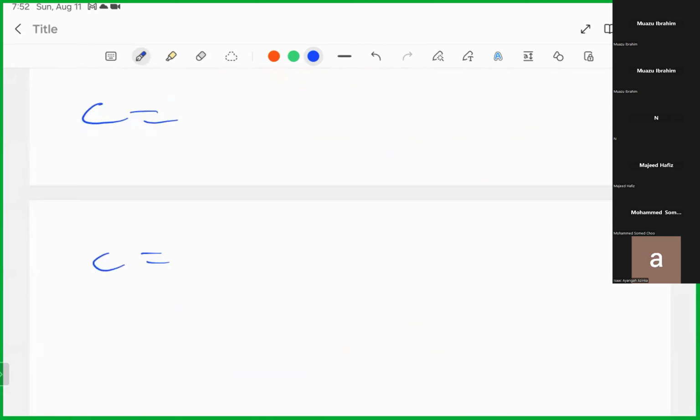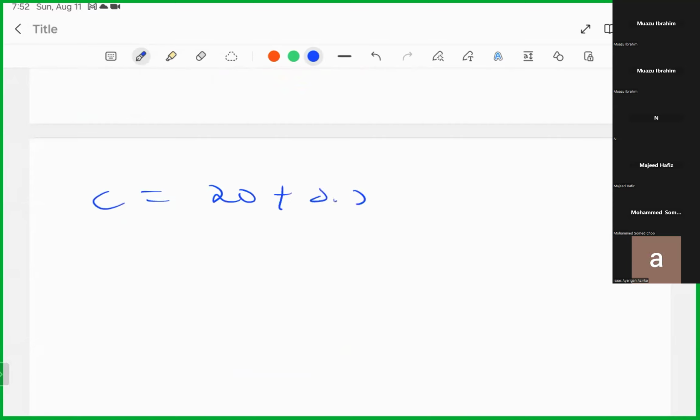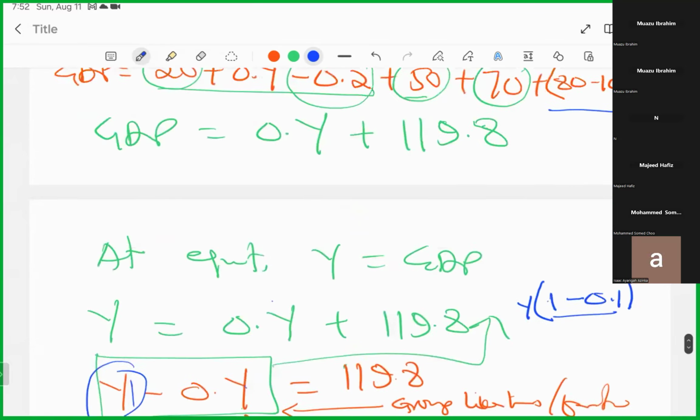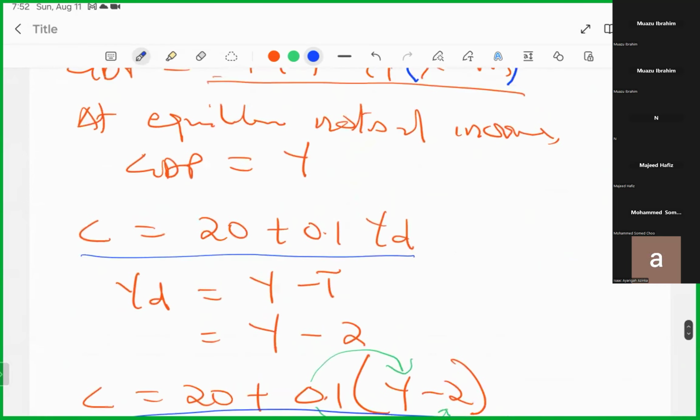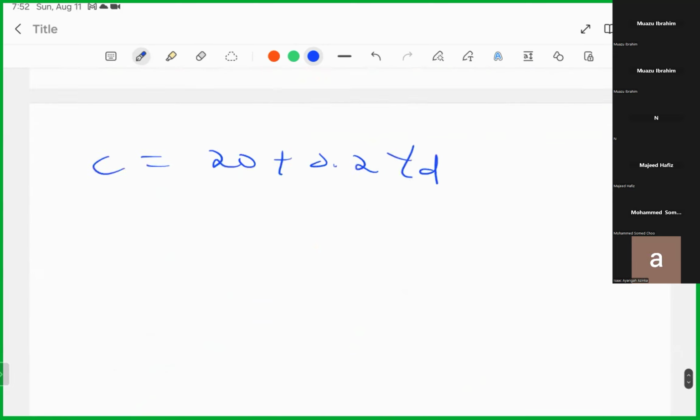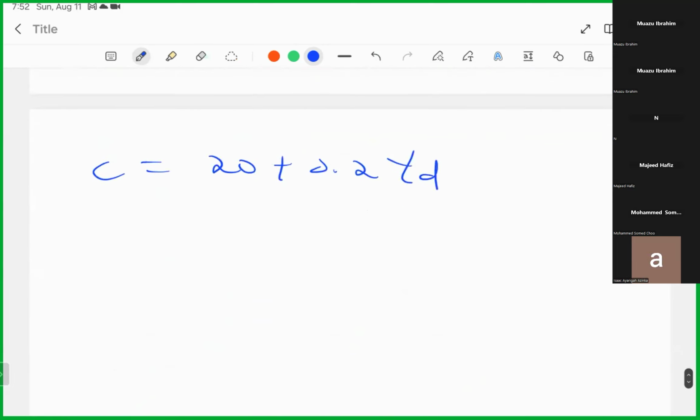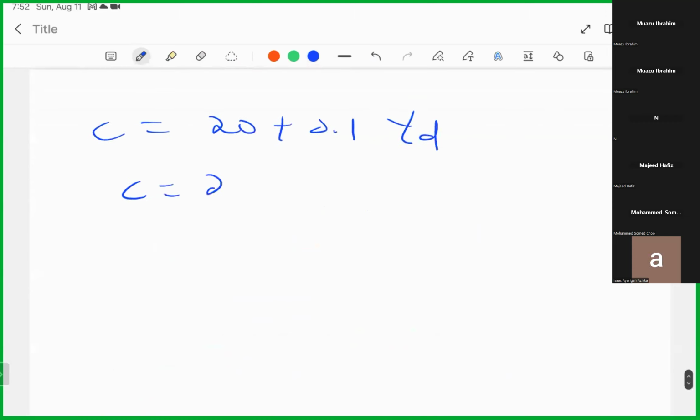So consumption is 20 plus 0.1 YD. So we have consumption as 20 plus 0.1 Y minus what? T. And we now know the values for all.